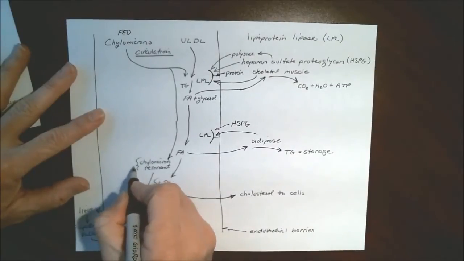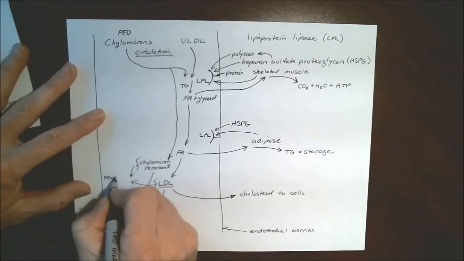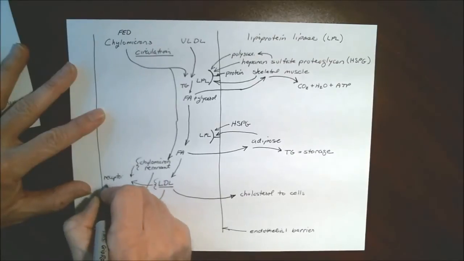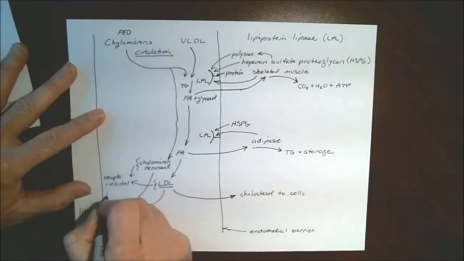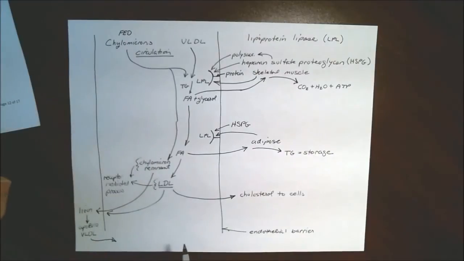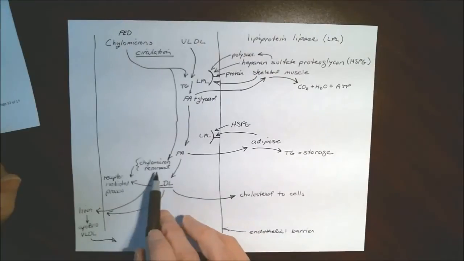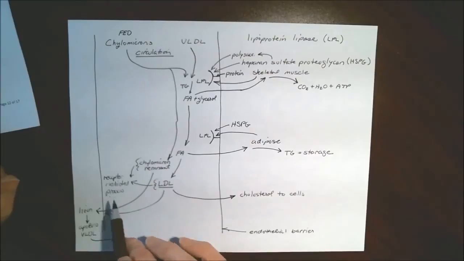This is a receptor mediated process. In other words, there are specific cell surface receptors on tissues, and in this case the liver, that can recognize these as ligands in cargo, bind them, and bring them inside the cell.